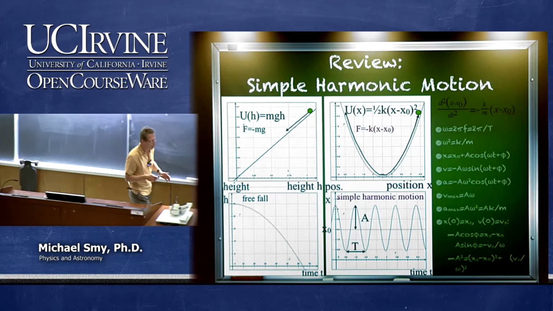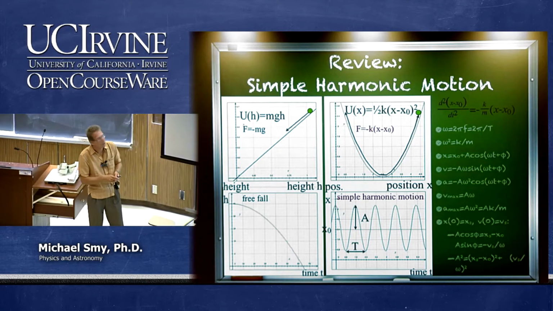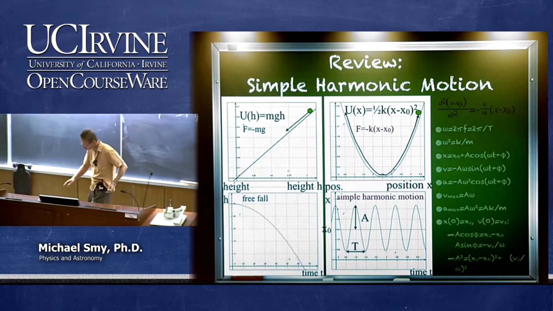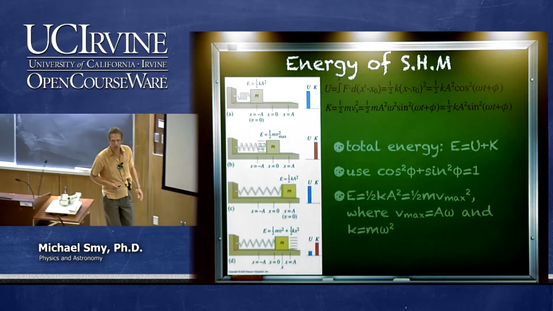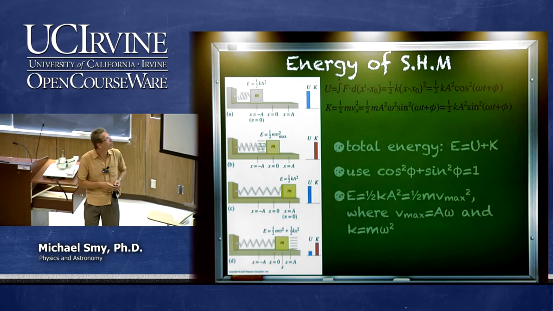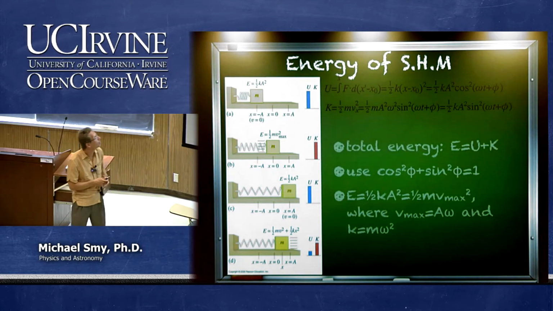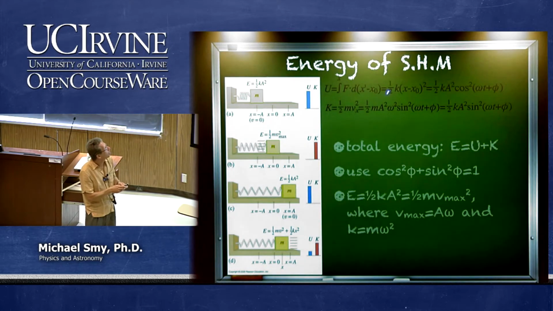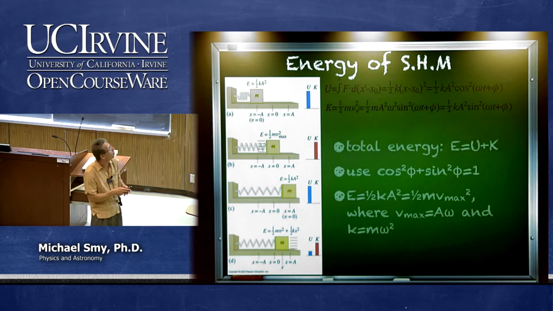This quadratic function is the potential energy. And then the kinetic energy of the simple harmonic motion is just like kinetic energy always is. It is 1/2 times the mass times the velocity at that instant. So for the potential energy, we get 1/2 k times x minus x naught squared.